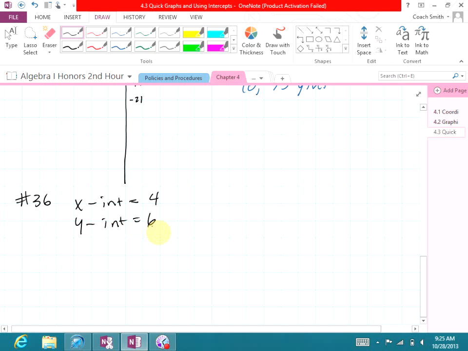So they've given you all the information you need to know. All you have to do then is draw a graph. Since both of them are positive, all I've got to do is really draw the positive side of the graph, like that.